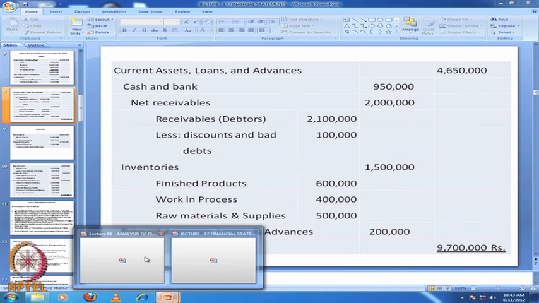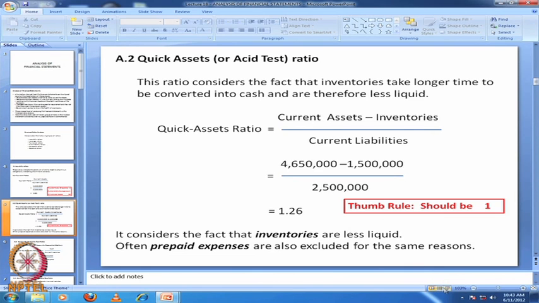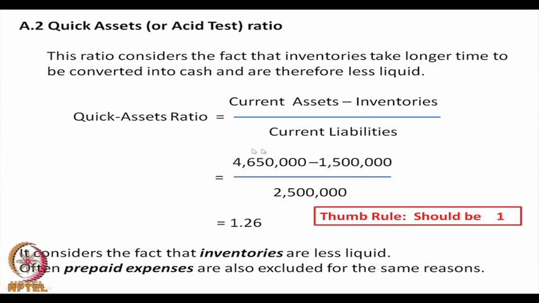So, if we subtract 1,500,000 rupees from the total current asset figure, the value becomes something like 3,150,000 rupees divided by 2,500,000 rupees, and the ratio is 1.26.